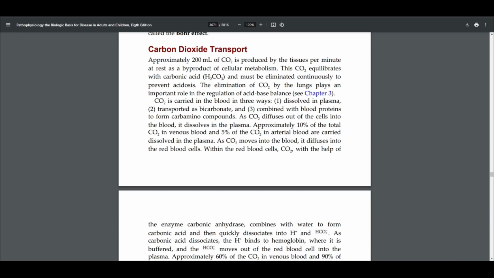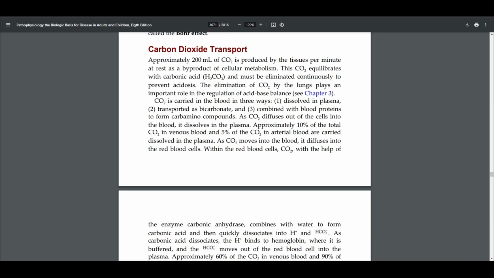Your carbon dioxide transport: approximately 200 milliliters of CO2 is produced by the tissues per minute at rest as a byproduct of cellular metabolism. This CO2 equilibrates with carbonic acid, your H2CO3, and must be eliminated continuously to prevent acidosis.